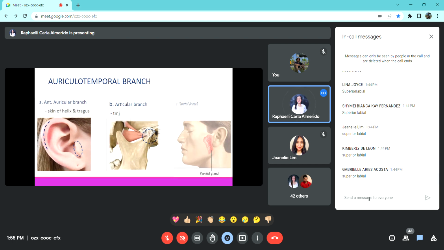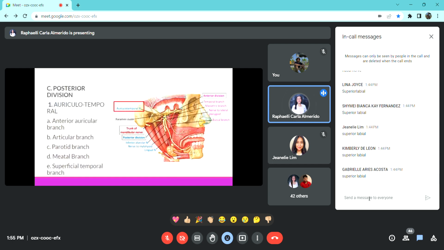Whereas the articular branch, which some reference books refer to as the anterior articular branch, supplies the posterior portion of your temporomandibular joint. The parotid branch supplies the parotid gland, obviously.